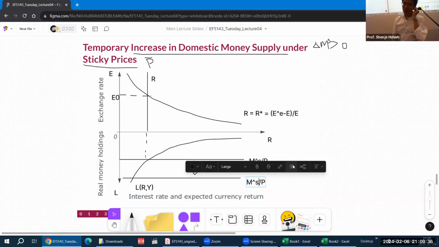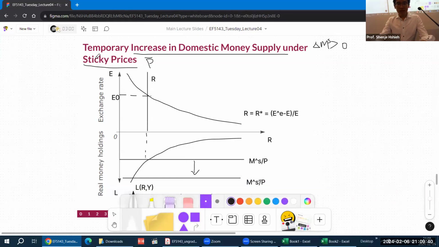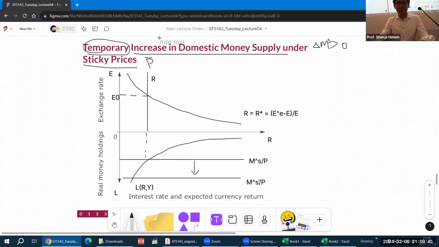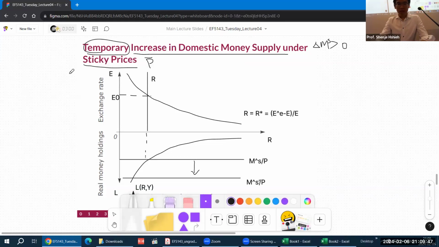That's only possible if we have sticky prices. And because things are temporary, there is no change in expectations, right? Because temporary means that it will be undone before we go into the long term, whatever that long term period is.